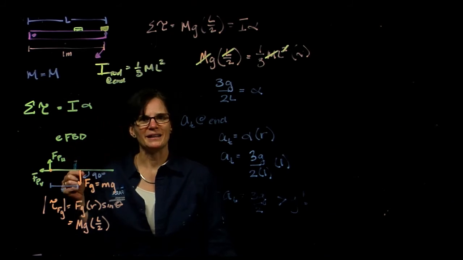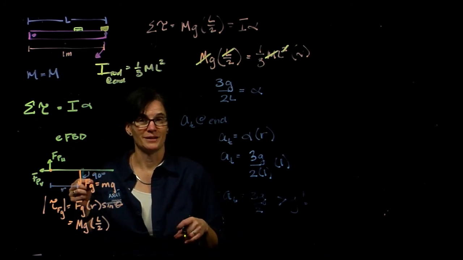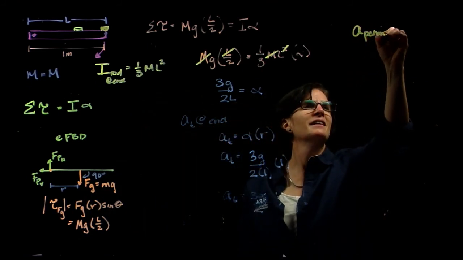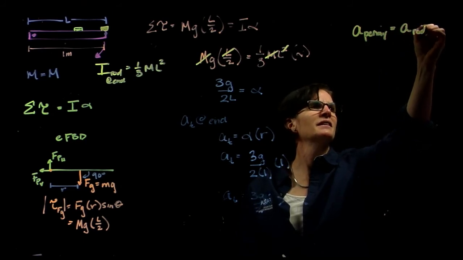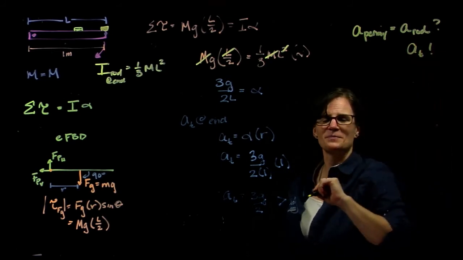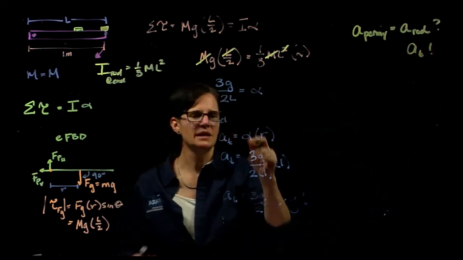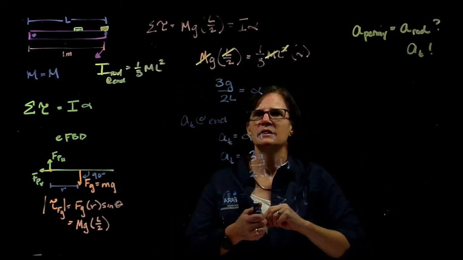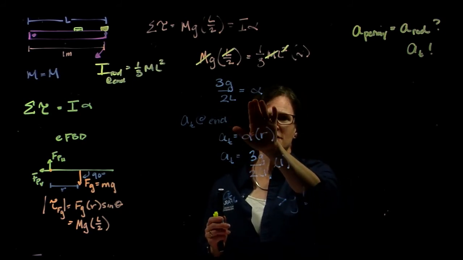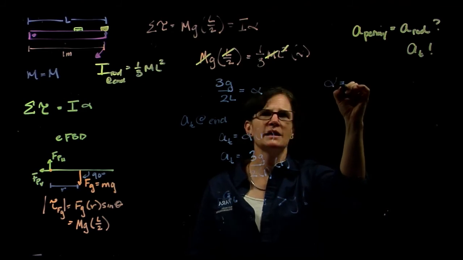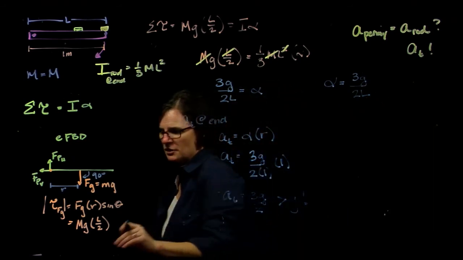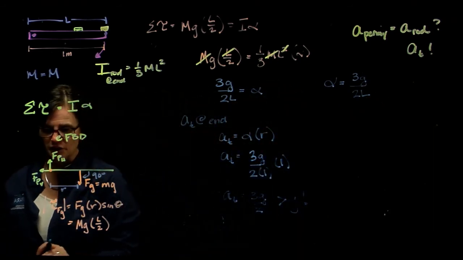So where can we put the penny so that it falls with the rod? Where can we put the penny so that the acceleration of the penny is the same as the acceleration of the rod, and more specifically, the tangential acceleration? For any length rod, the angular acceleration is 3g over 2L.